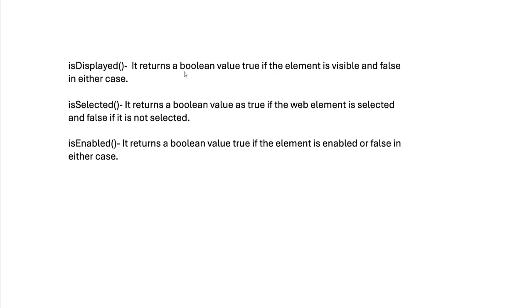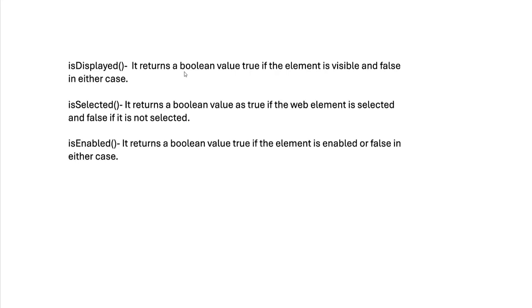In the same way, for the isSelected method, in case on a web page you have radio buttons and checkboxes, you want to select something and then verify whether it is selected or not, or by default whether it is selected or not.